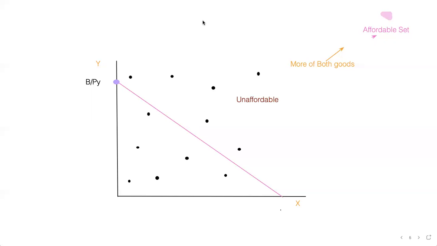If you spend all of your income on only purchasing, in your example, hoodies, and you purchase no flannels, right? Yeah. The coordinates for this point are X is equal to 0, like you said, and Y is equal to your entire budget divided by the price of Y.